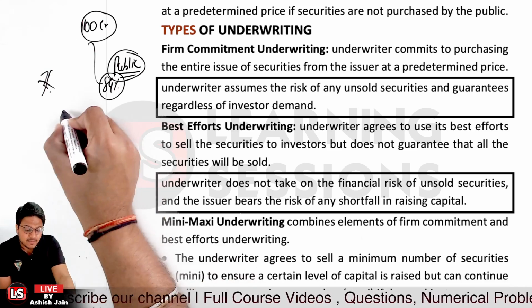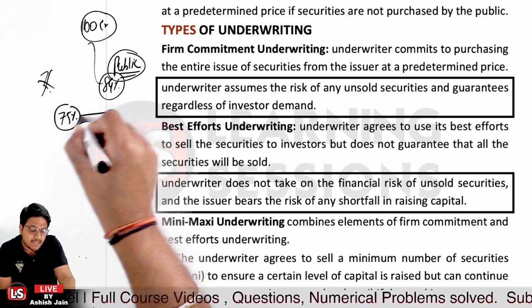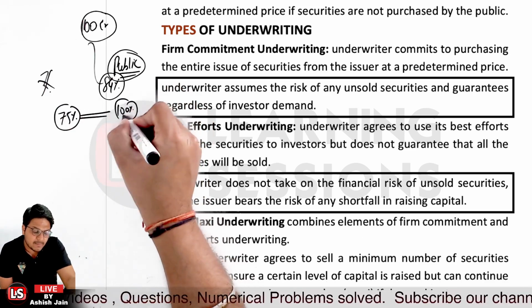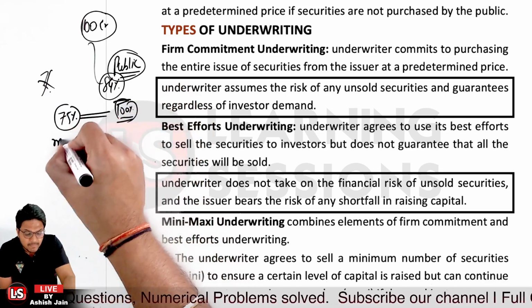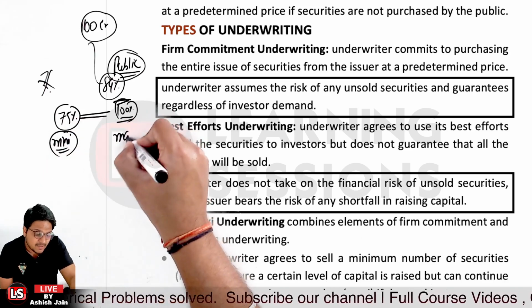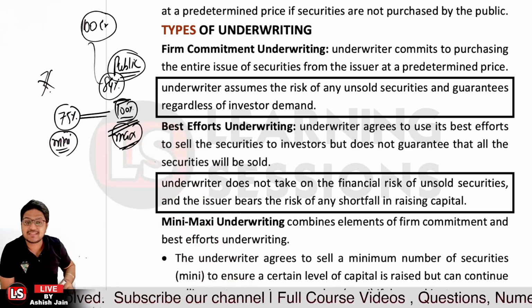Let's say the firm commits to subscribing 75% as the minimum, and after that makes maximum efforts so that 100% of the securities are subscribed. That's the mini max, because they guaranteed the minimum and also committed to the maximum by way of best efforts, right?